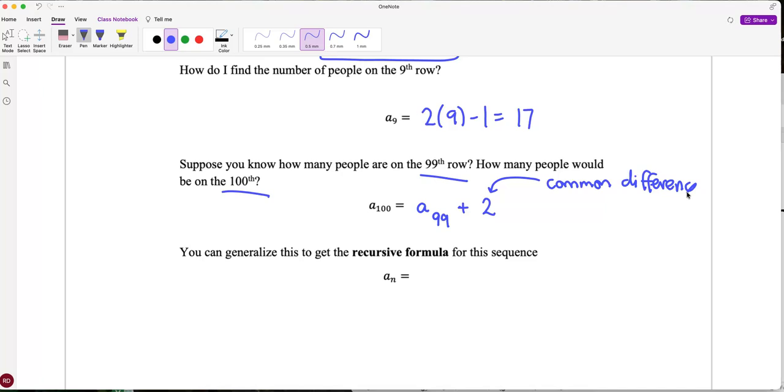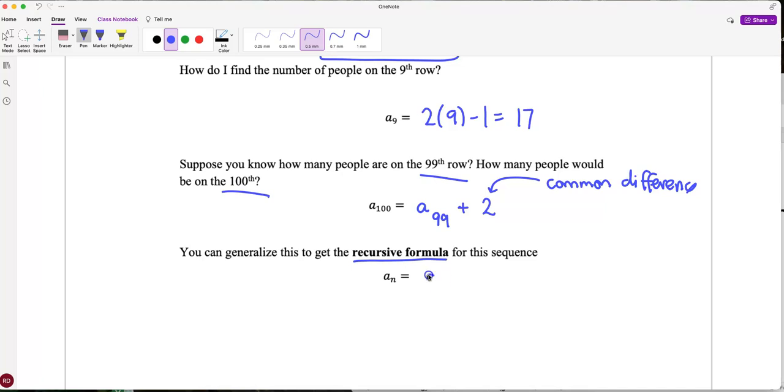So what we can come up with is what's called a recursive formula for the sequence. To find the nth element, I don't know what n is. It could be 1,000, 10,000, 100,000. To find the nth element, if you knew the one right in front of it, you would just add 2.